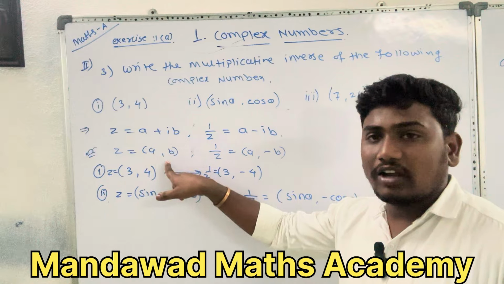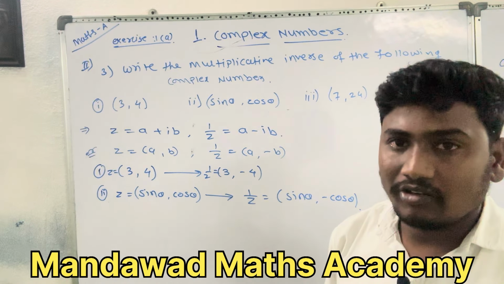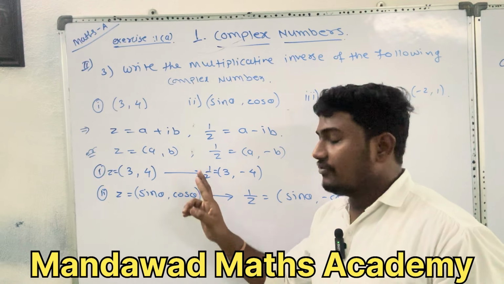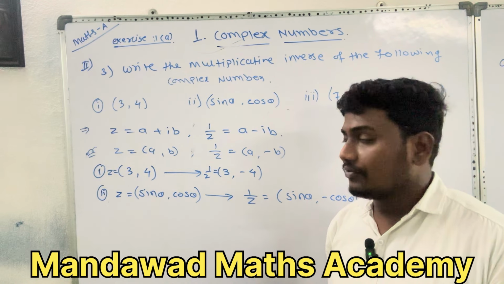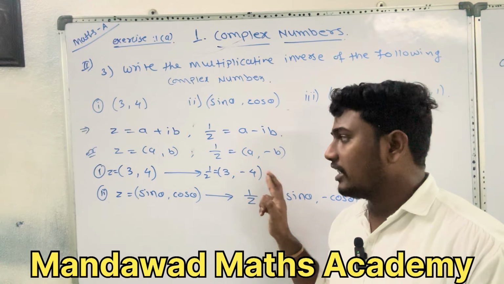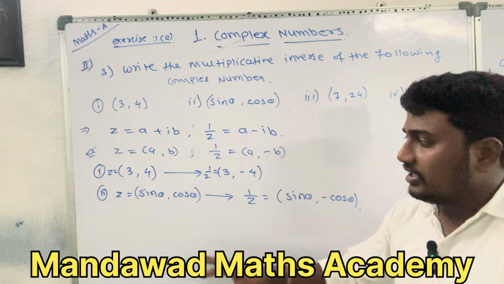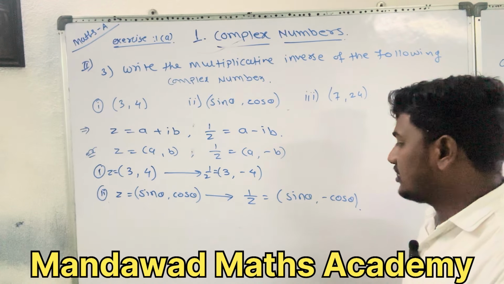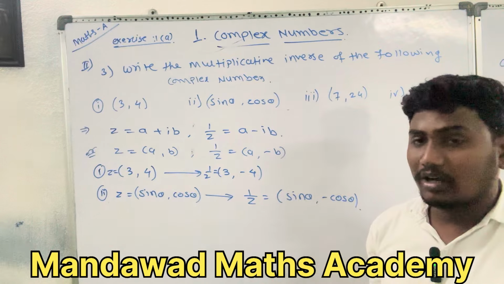Suppose Z is equal to a comma b, and 1 by Z is a comma minus b. Similarly, for example, Z is equal to 3 comma 4; 3 comma minus 4 is the multiplicative inverse. Similarly, Z is equal to sin theta comma cos theta; sin theta comma minus cos theta is the multiplicative inverse of the second one.